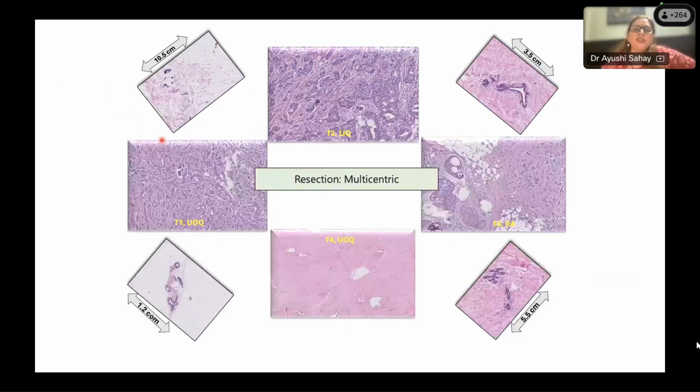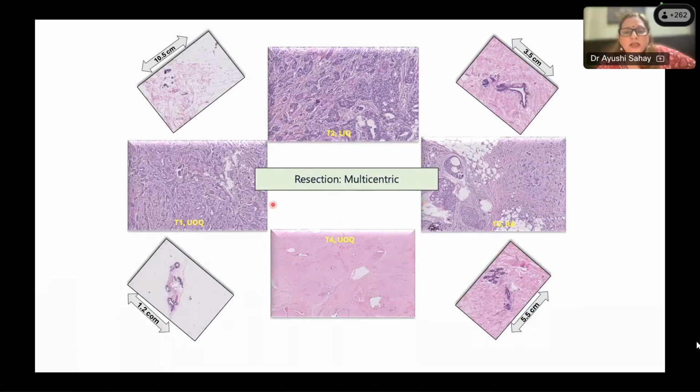So this is just to show you one case in which the resident very diligently identified that there were 4 tumors, and gave the distances between them. There are quite big distances, 10 centimeter here; here it is closer, 1.2 centimeter, 5.5.